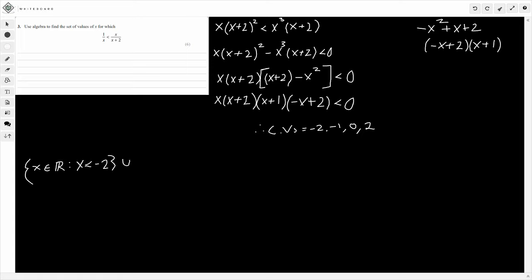Or we can have when x is an element of the reals, again ignore how scruffy my writing is, hopefully yours looks a little bit neater than mine, I'm doing it on the mouse, it's not the nicest. Minus 1 less than x less than 0. So when x is between minus 1 and 0, then again, it's below the x-axis.